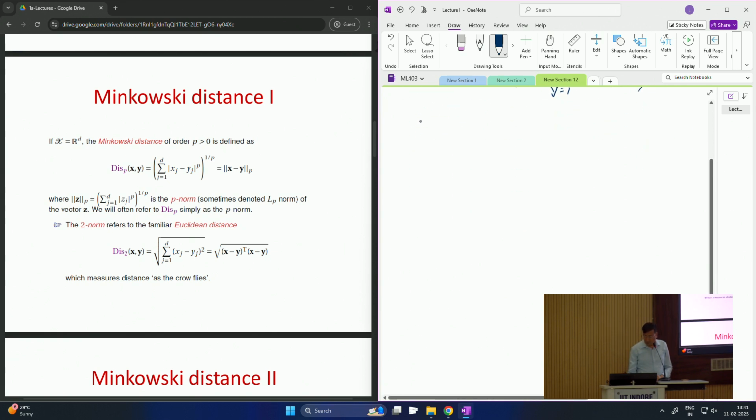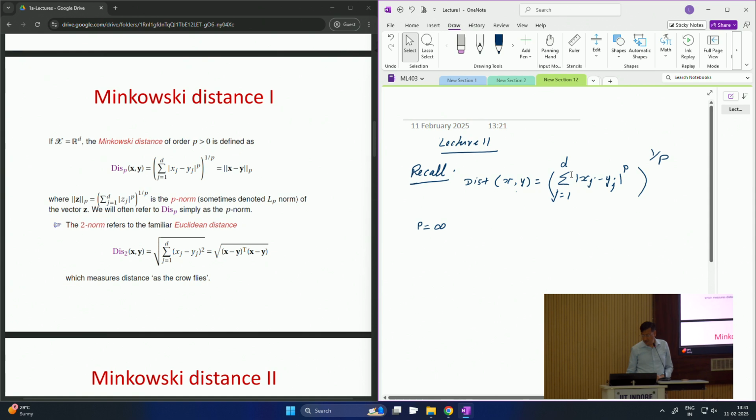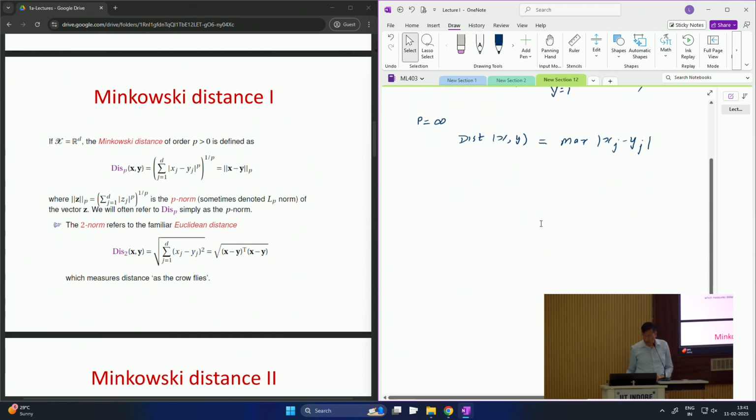So if we were doing p equal to infinity, correct, then what was this distance? This was the maximum of xj minus yj. Basically the maximum component which you get, that is what the distance was.